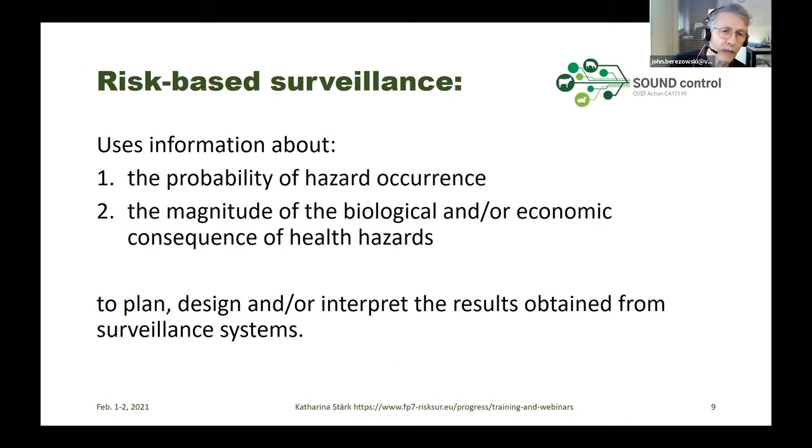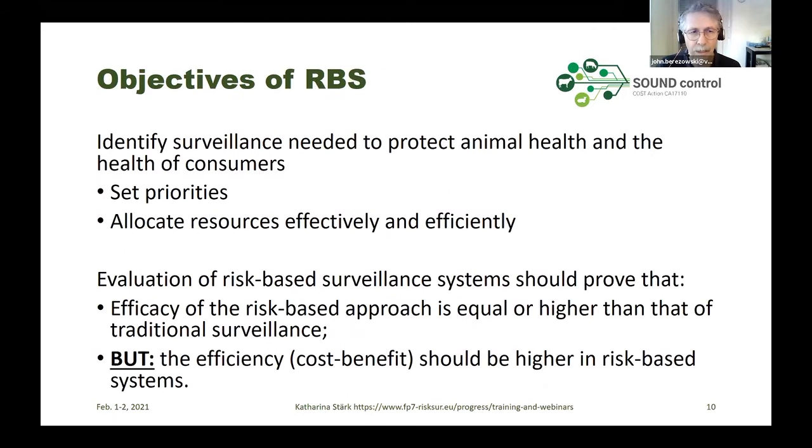So risk-based surveillance uses information about the probability of the hazard occurring and the magnitude of its effects to design, plan, and interpret the results obtained from surveillance systems. So the objective is to identify the surveillance needed to protect animal health and the health of consumers, set priorities, and allocate resources effectively.